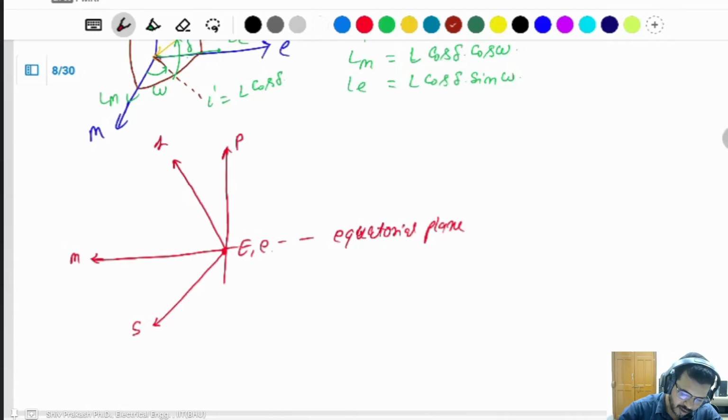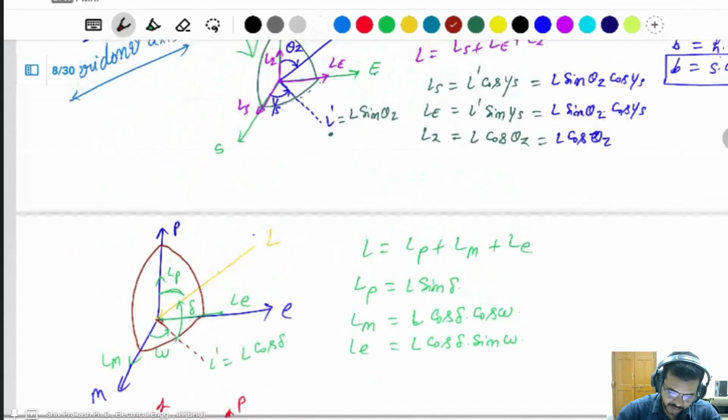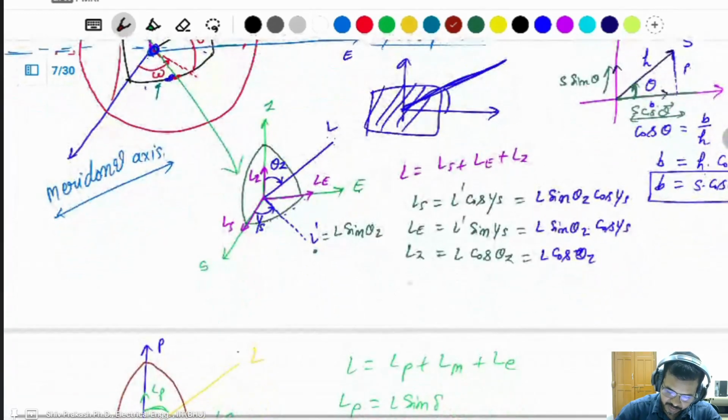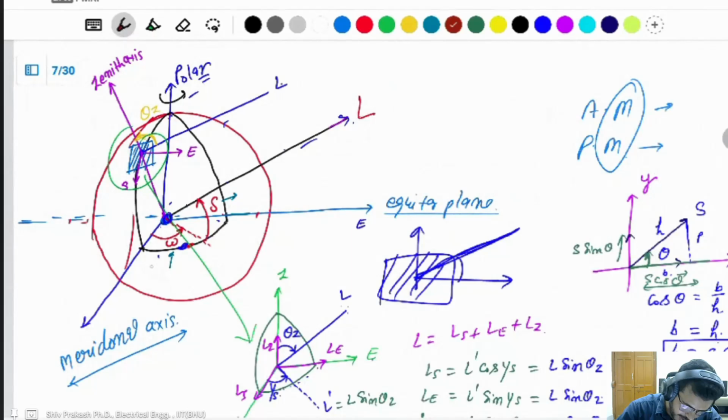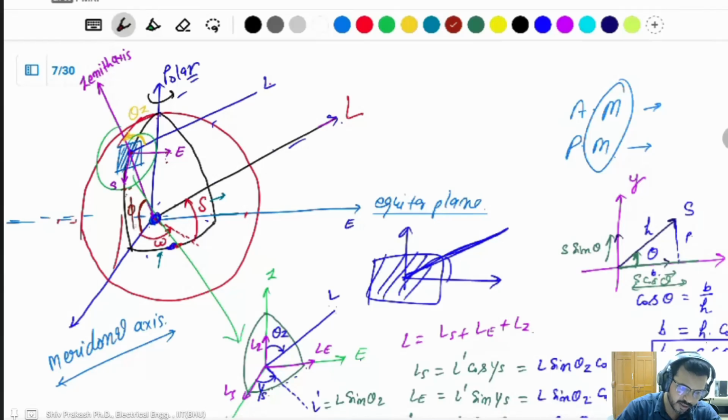The insolation on the south zenith axis will be the LZ. I measure this one also. And the angle between the meridian axis and the zenith axis, because only the zenith axis makes the center point of the earth. Another axis does not meet the center point of the earth. This is the center point only on the surface, but the zenith axis makes this angle from the center of the earth. That's why this angle is known as phi.